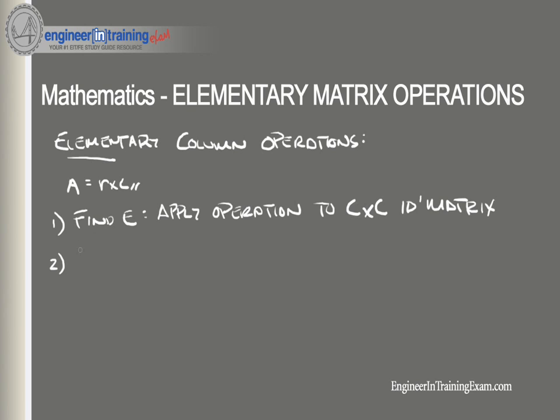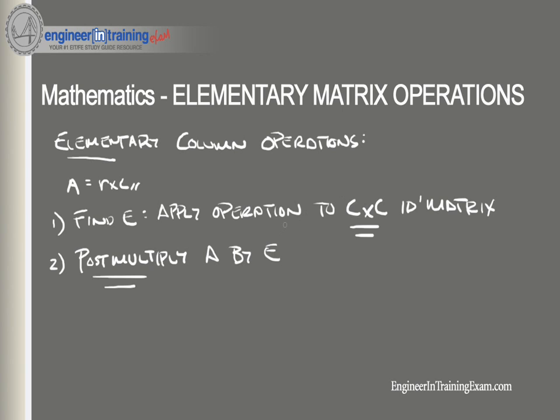So we need to post-multiply A by E. Post-multiply and C by C are differentiators in column operations versus elementary row operations. Now, carrying out the actual procedures is identical in the fact that we still do matrix multiplication. It's just a little bit different in how we arrive at that final answer.